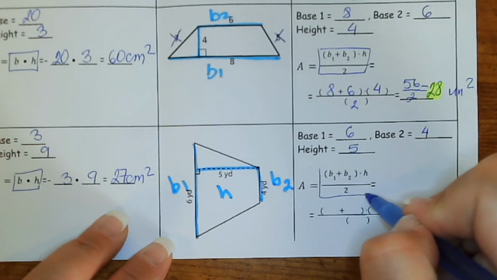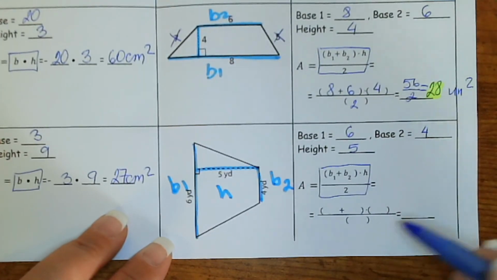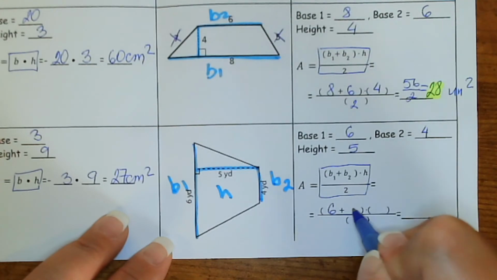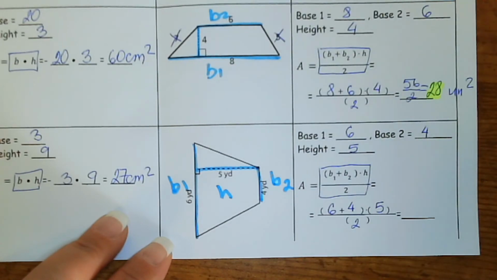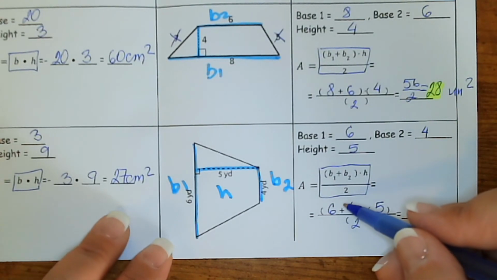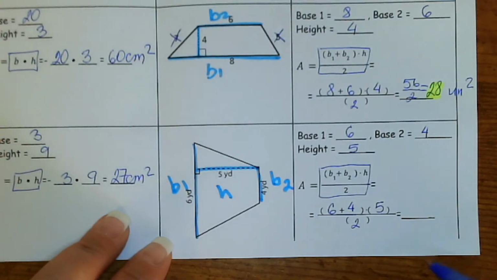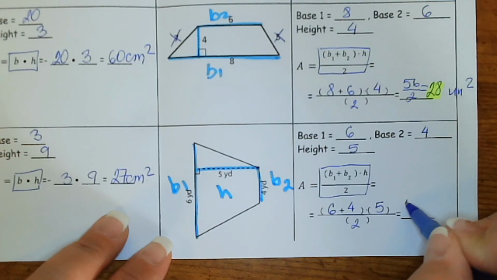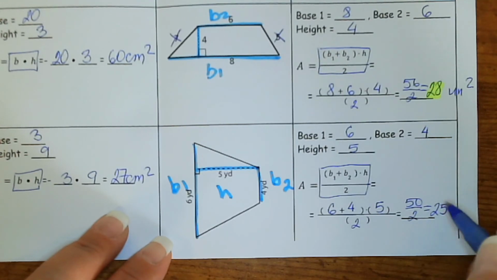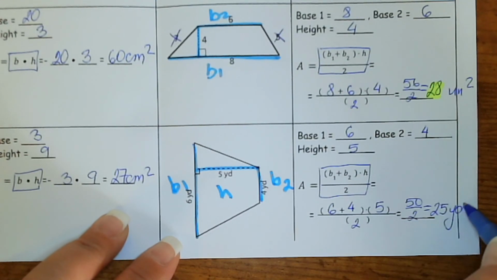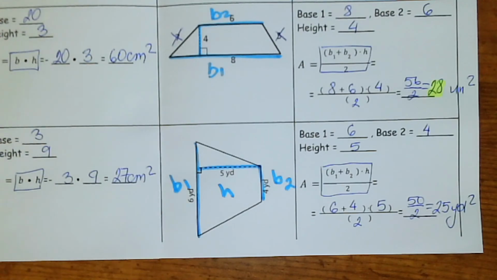Formula, base 1 plus base 2 times the height, divide by 2. So 6 plus 4, multiply then by 5, and then divide by 2. 6 plus 4 is 10. 10 times 5, 50. 50 divided by 2 will be 25. And in this situation we have yards, so units will be squared.